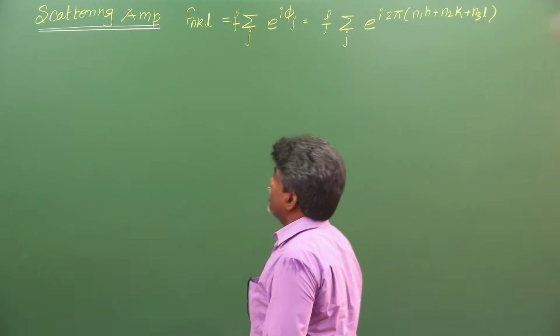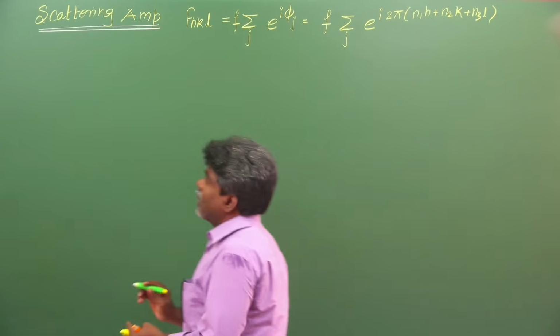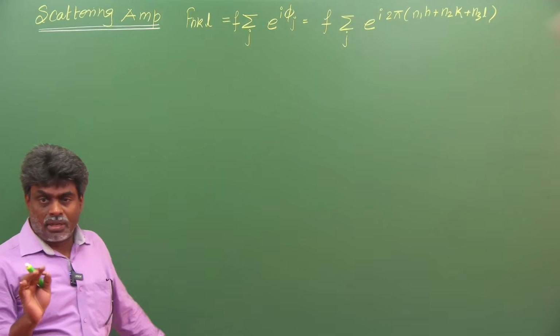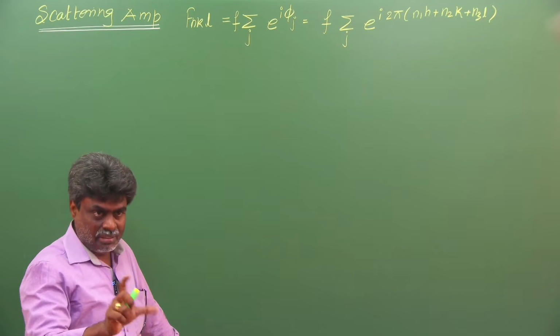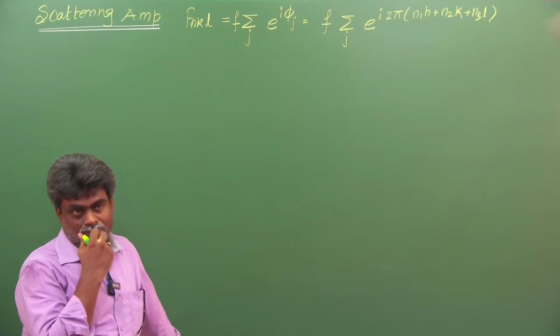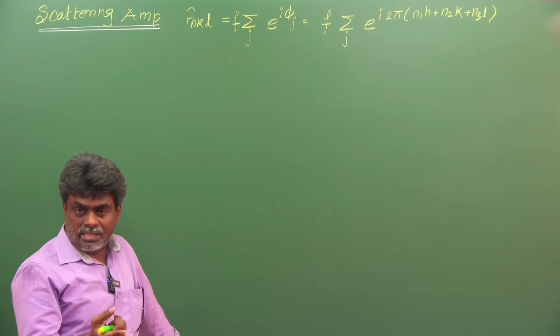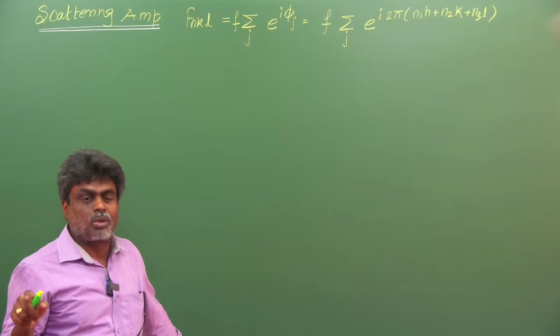Stop. So this is the scattering amplitude. Once again I have just written. So why are you taking the scattering amplitude? Here you are going to check whether the reflection occurs or not. Bragg reflection. I told you what is the meaning of that Bragg reflection. So whether it occurs or not. If a Bragg reflection occurs, there exists intensity. That intensity is proportional to what? Square of the amplitude.